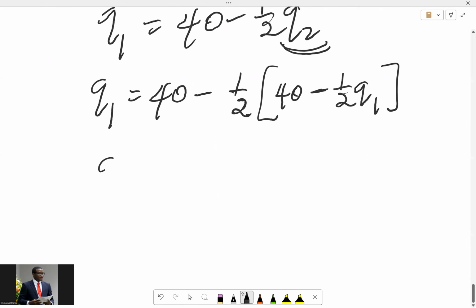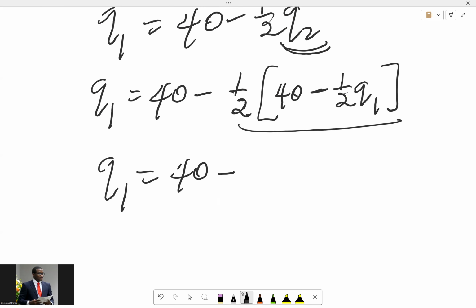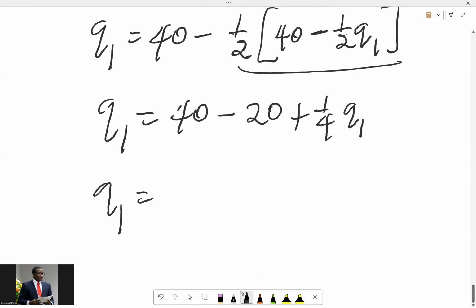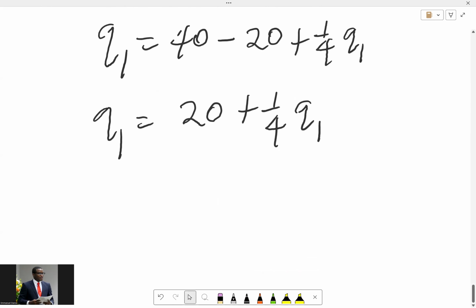So with that, we have q1 equals 40 minus, so open this up now. Half times 40 is 20. Then minus and minus is plus, then we have 1 over 4 q1. So q1 equals 40 minus 20, which is 20, plus 1 over 4 q1. Multiply through by 4.